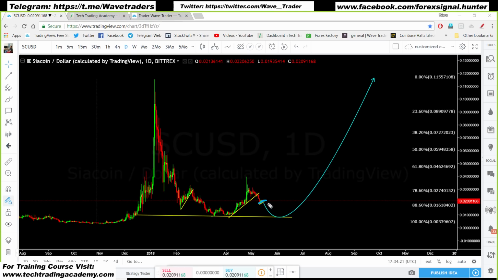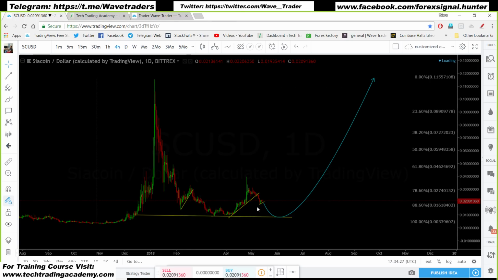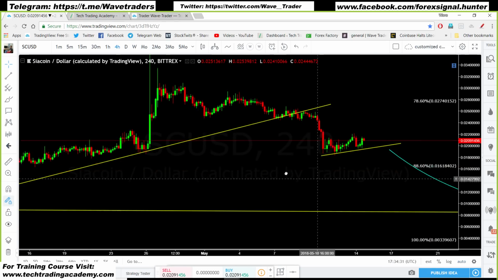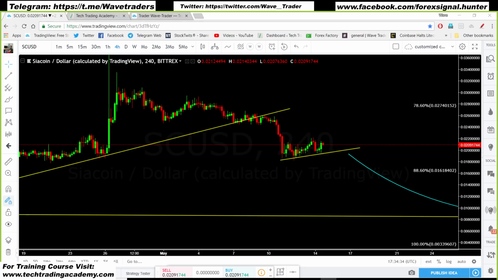All right, so one more drop. That is the wave you guys need to catch. Buy and hold it for longer term. All right, so this breakdown, see that? This correction breakdown and buy.